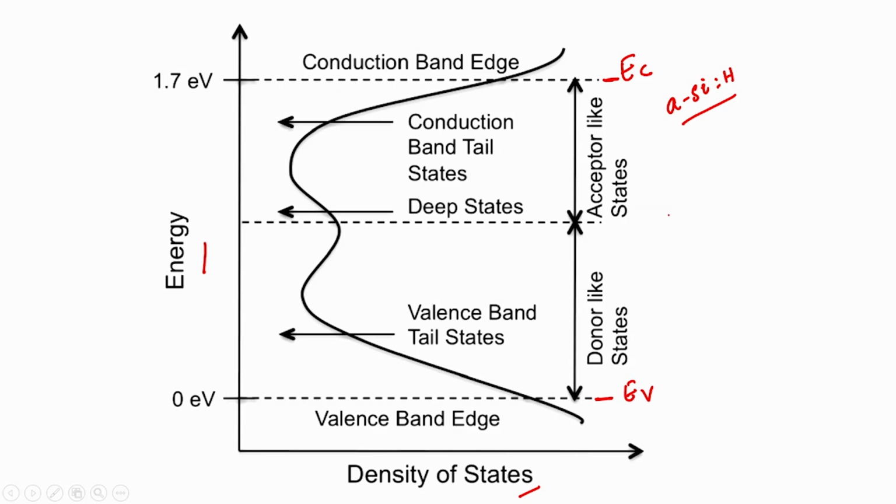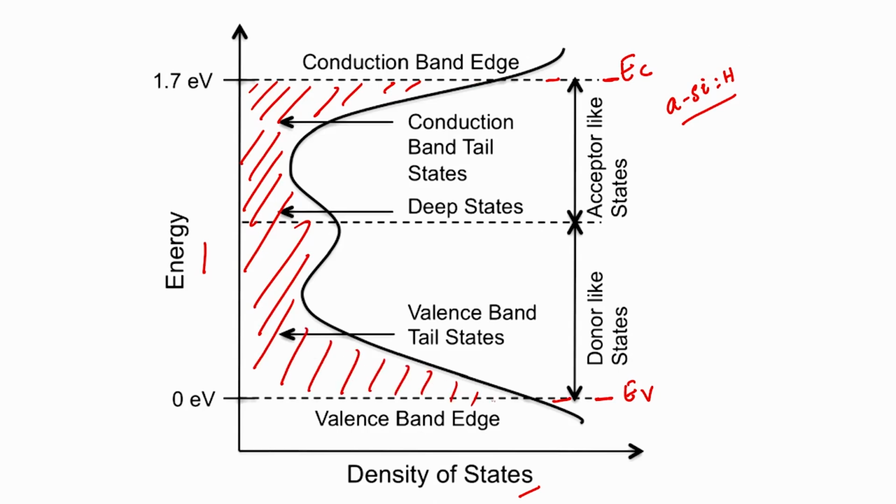The first thing one observes is that there is no clean band gap. Here is your conduction band edge, here is the valence band edge. In crystalline materials this entire region was void of any states, but in amorphous materials you find a large number of states throughout the band gap.